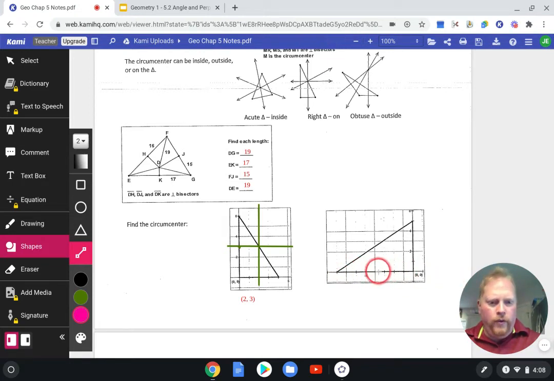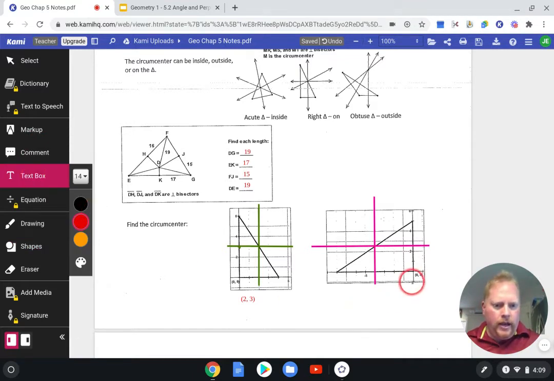So I'll go over 4 and make a vertical line. Do the same thing over here. Looks like it goes up 5, so I'll go up 2.5 and make a horizontal line. And then the point where they meet, that's my circumcenter.